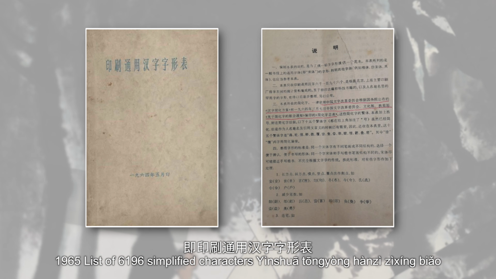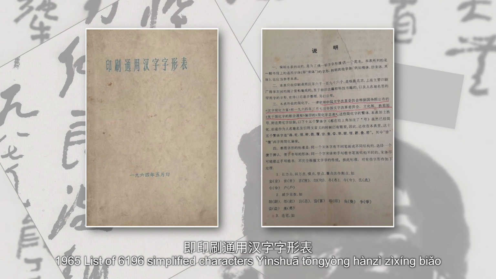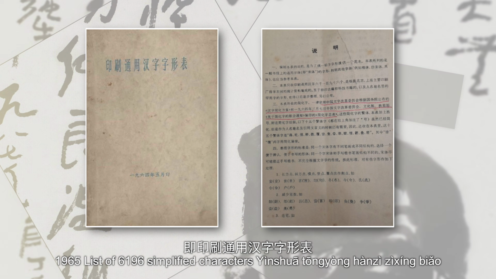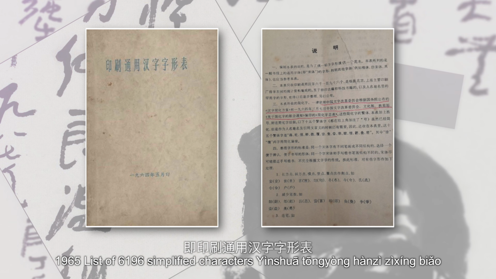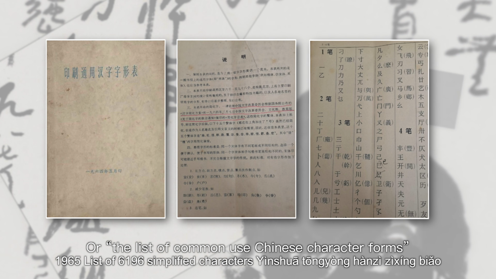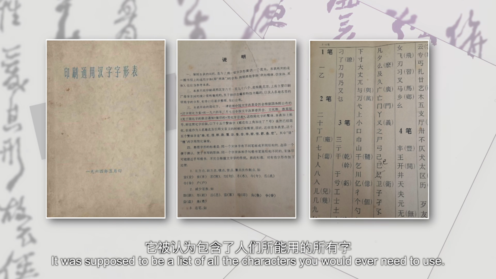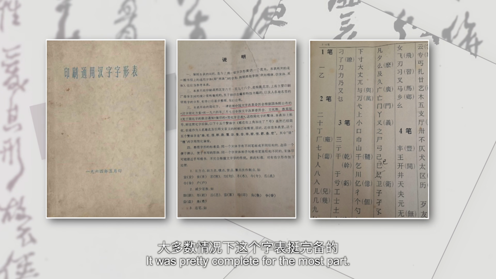The 1965 list of 6,196 simplified characters was called the Yingshuo Tongyong Hanzi Zixing Biao, or the List of Common Use Chinese Character Forms. It was supposed to be a list of all the characters you would ever need to use. It was pretty complete for the most part.